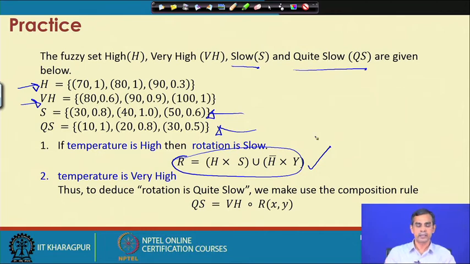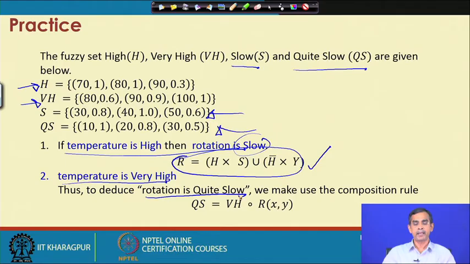We can calculate this value, and then if temperature is very high is given, then we have to conclude something in the universe of discourse of rotation, say rotation is quite slow. So, that means this is one premise given and this is another premise given, and we have to derive another proposition, rotation is quite slow.